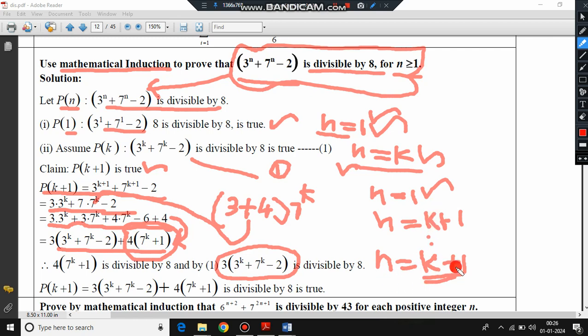For n equal to 2 it is true, n equal to 3 it is true, n equal to 4 it is true. Therefore for all n greater than or equal to 1, this is true. That way we can prove by the induction method. We can see another problem in another video. Thank you.